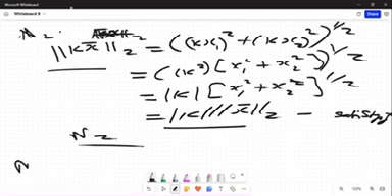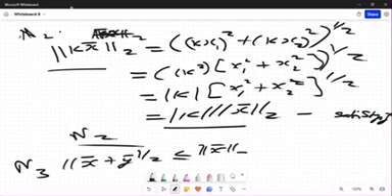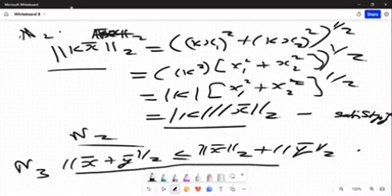So the next one now is the triangle inequality, which is to show that the norm of x bar plus y bar must be less than or equal to the norm of x bar plus the norm of y bar. So this is what we must verify in N3.